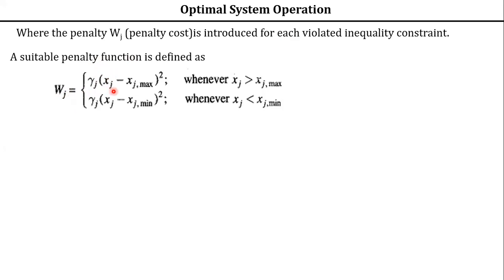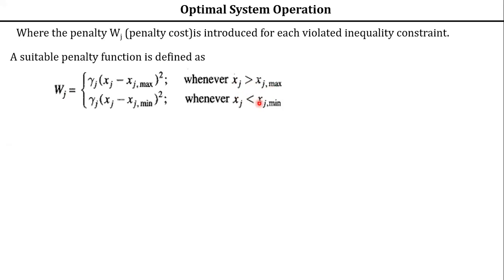Gamma j into xj minus xj max whole square. This is the value we have defined. The penalty function, we are defining it in this form: gamma j of xj minus xj max whole square. So we consider this function when it violates the maximum limit, when xj violates xj max. Understood?